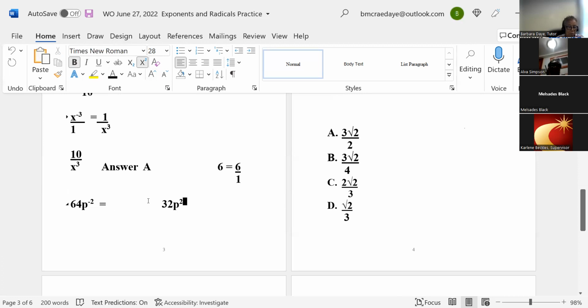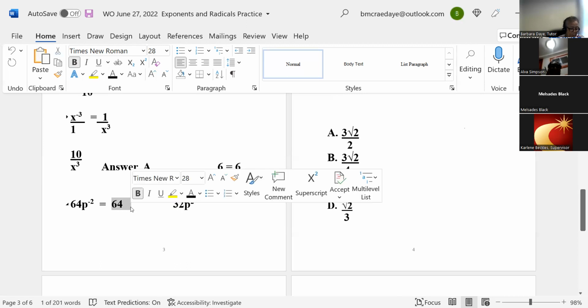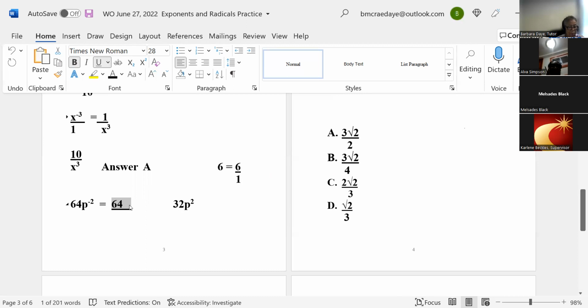So we'll have to put the 64. What goes after? Then you put the minus 2 under the denominator. Okay, so this is the numerator. What do I put in the denominator, Alva? The minus 2.